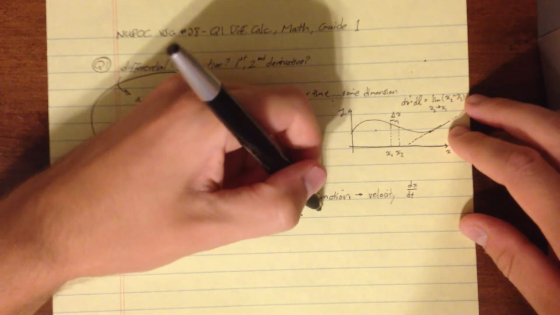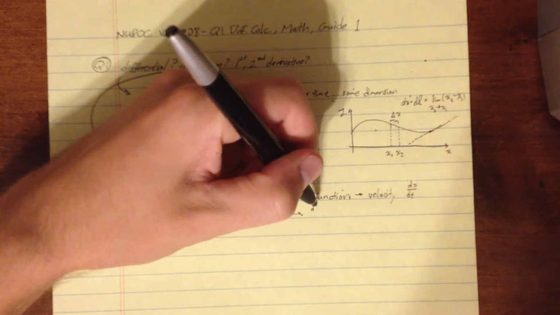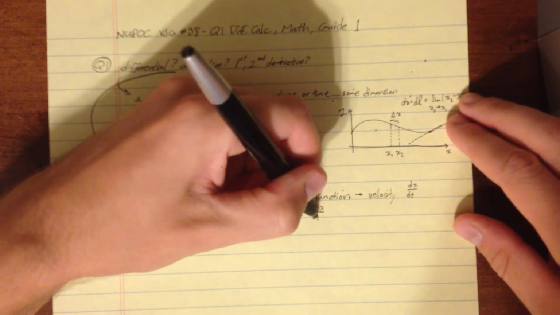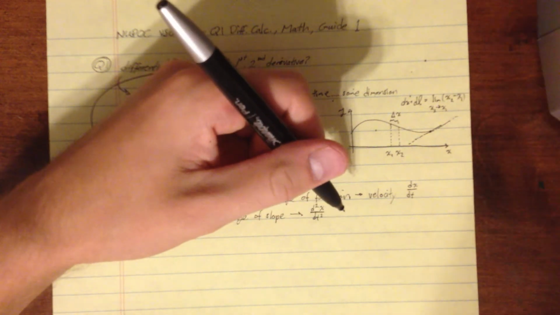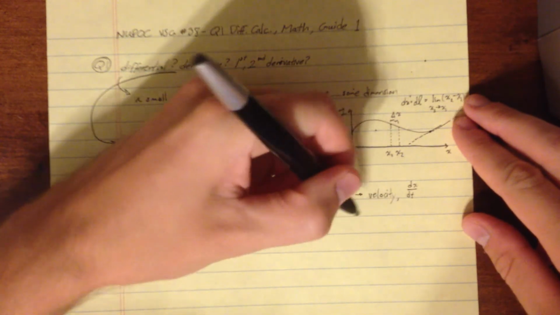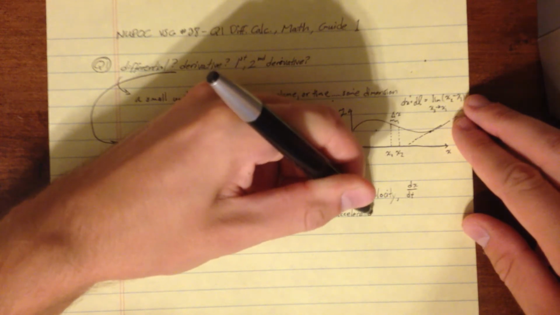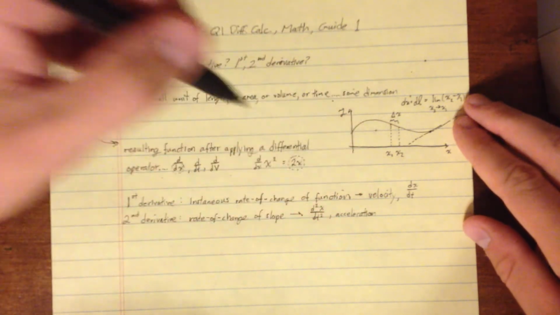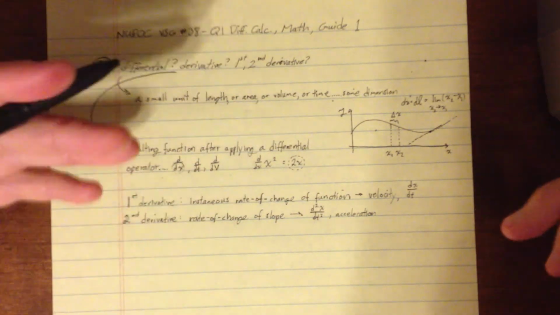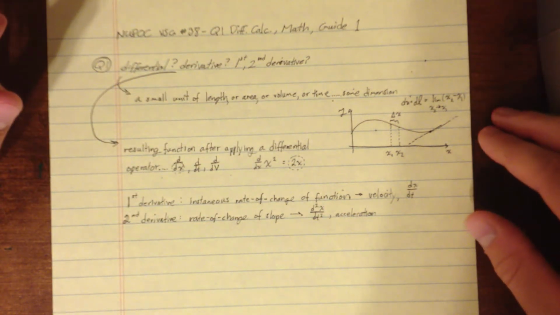So this would be d2x dt squared, which is acceleration. And then we could take a third derivative and look at the rate of change of that, and on and on and on.